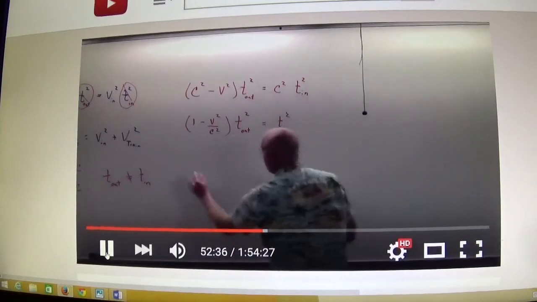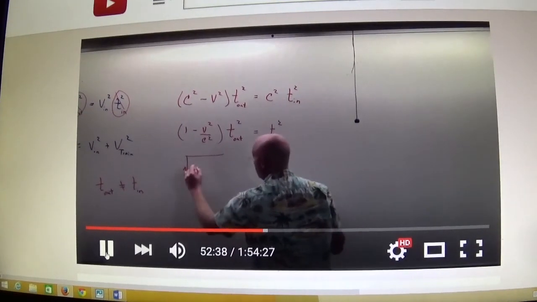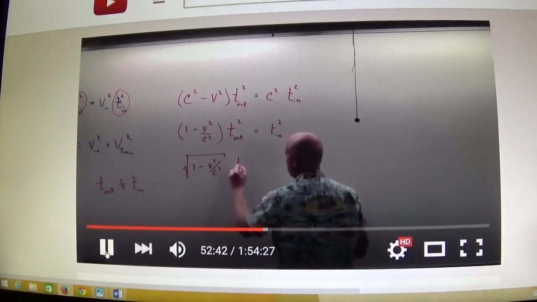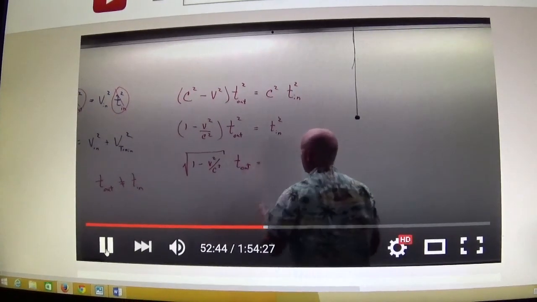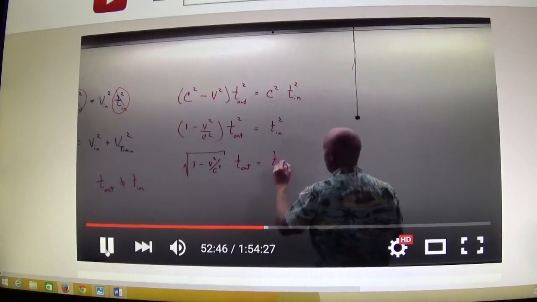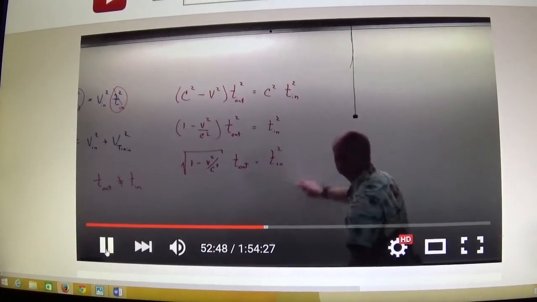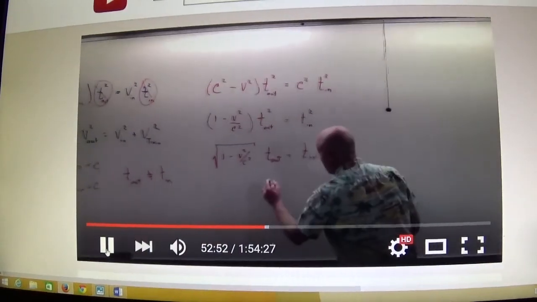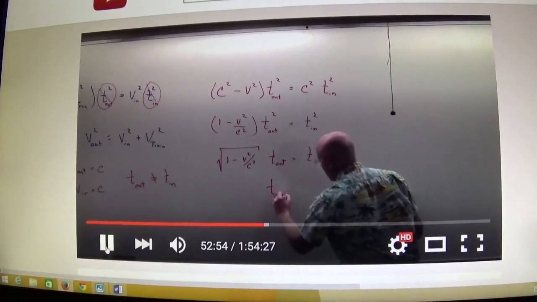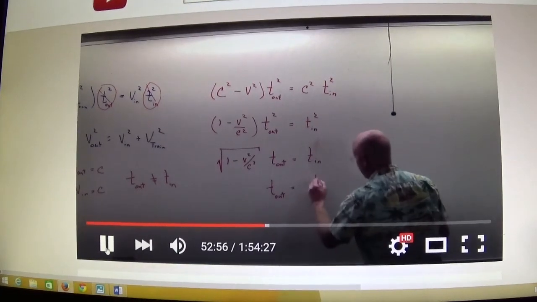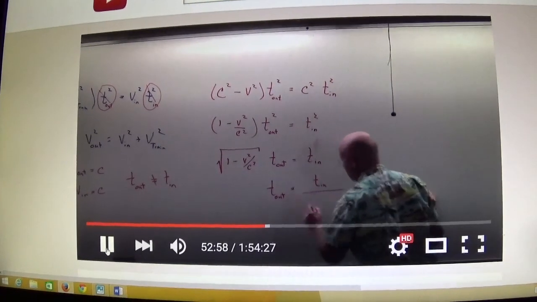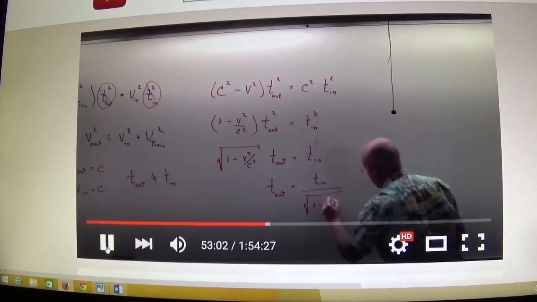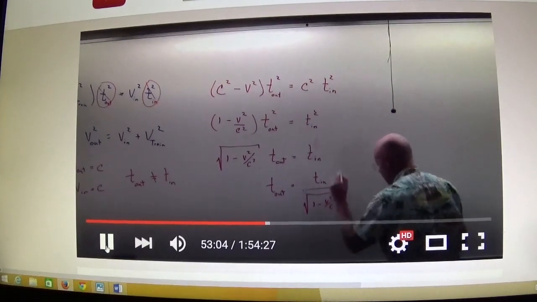If I take the square root, I get the square root of 1 minus v squared over c squared equals time on the outside divided by time on the inside. I'll take one more step, which is the common way of writing it, although it might look a little bizarre to write it in the denominator because I did not have a fraction and now I do have a fraction.